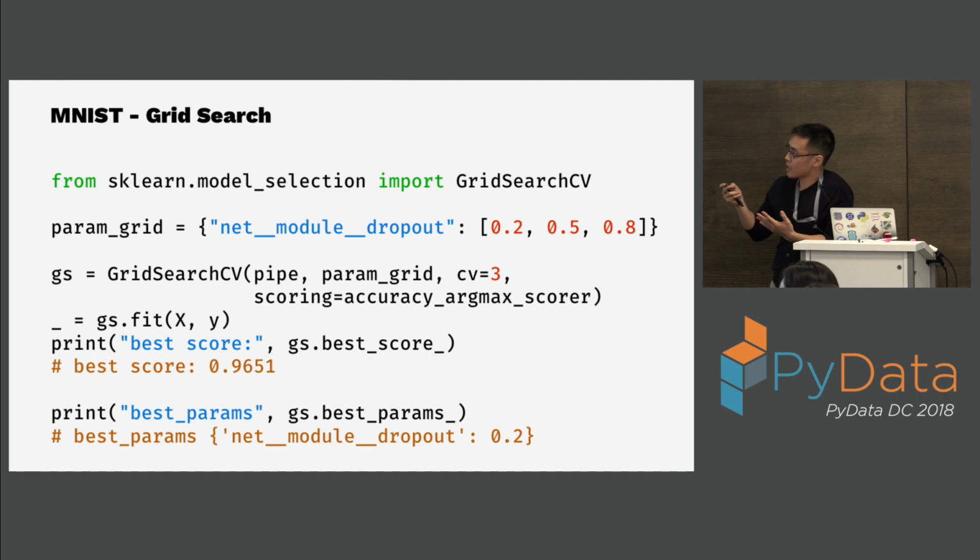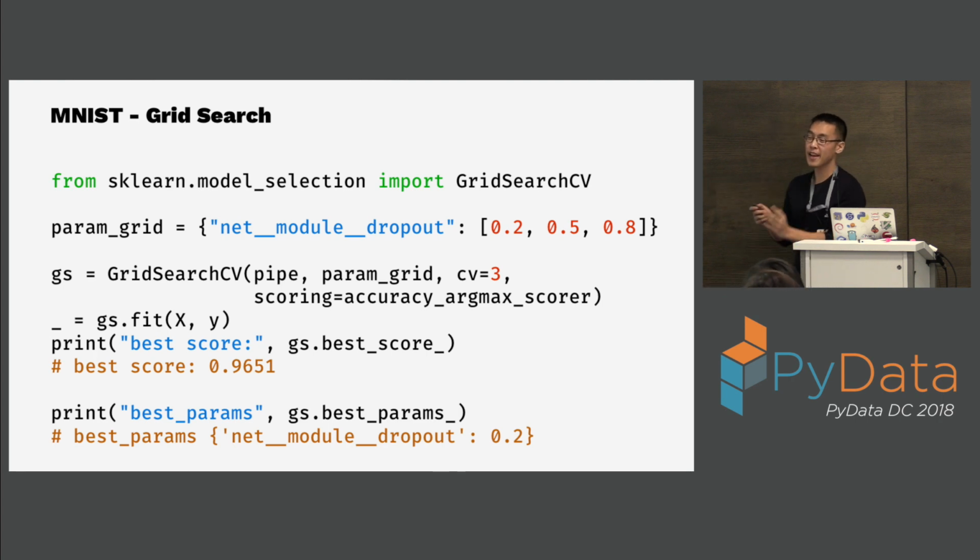You use the double underscore to denote which parameter you want to change. Remember, our module had a dropout parameter. In this case, I want to vary my dropout parameter by 0.2, 0.5, and 0.8. And we could do cross-validation with the grid search API, and everything just works as well.